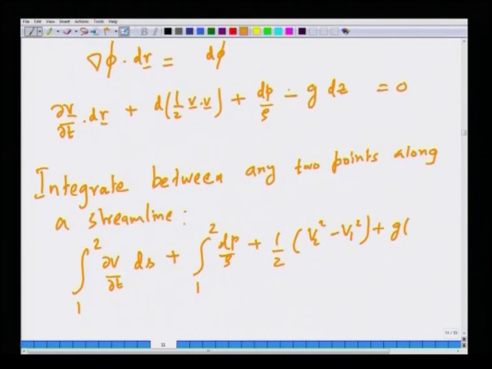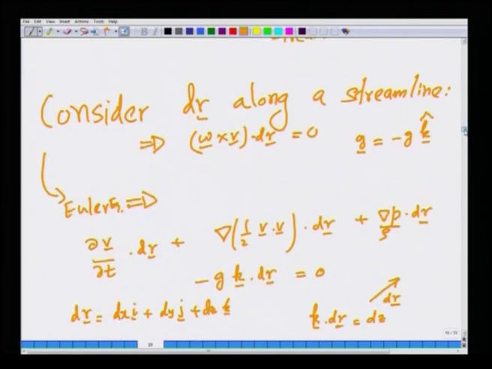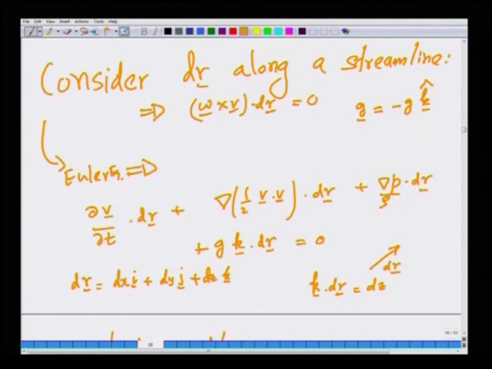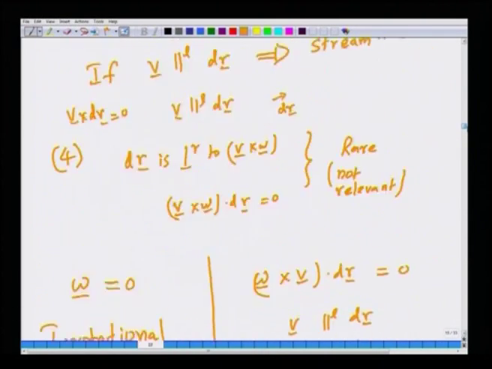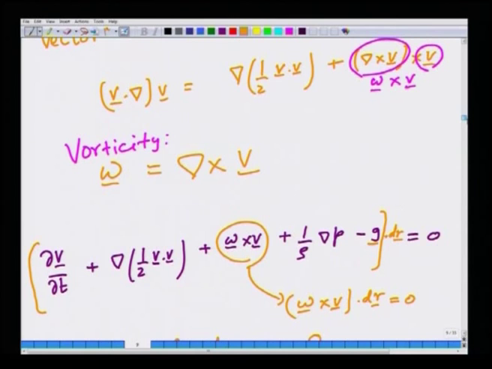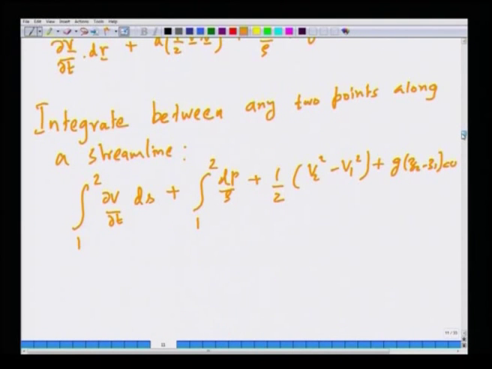I am sorry, since g is actually in the minus k direction, there is already a minus g here, so the two minuses cancel to give a plus sign. So, there is a plus g times z2 minus z1, and it is equal to 0.